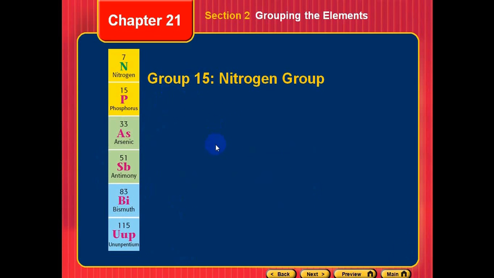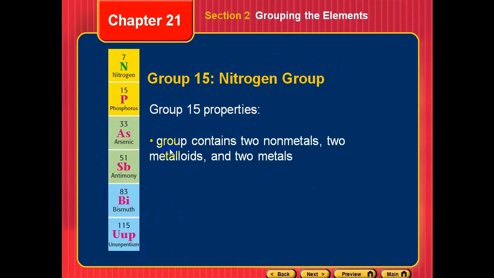Group 15, the nitrogen group. We call it the nitrogen group because it starts with the element nitrogen. In this group we have 2 nonmetals, 2 metalloids, and 2 metals. Group 15 properties: the group contains 2 nonmetals, as we said, 2 metalloids and 2 metals. They all have 5 electrons in the outer level.